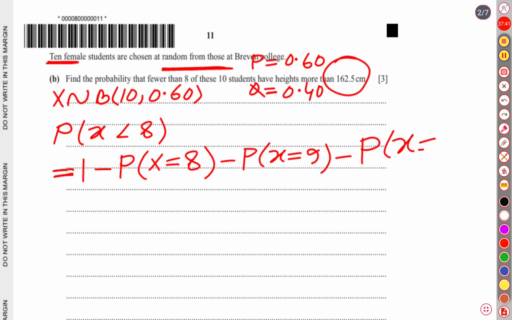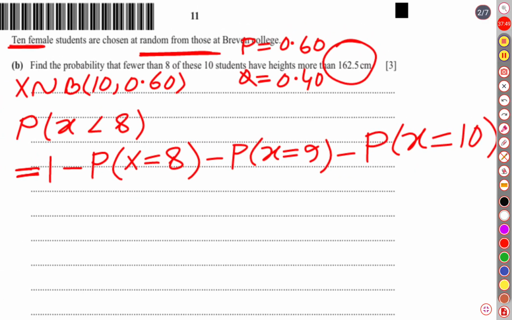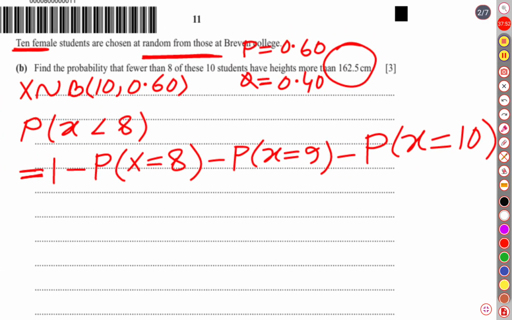I think you have got my point, that if you individually calculate the probability of 7 students, 1 until 7, it is a little bit lengthier. So for a shortcut method, we will subtract the probability of 8 students, 9 students, and 10 students from the whole of the probability, which is 1. Then we will get the probability of the first 7 students.